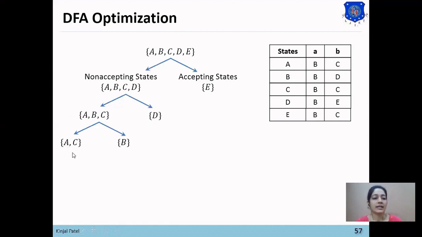So A and C will lie in the same set only. Here no more splitting is possible, as B, D and E are already separated, and for A and C there is no more splitting possible.